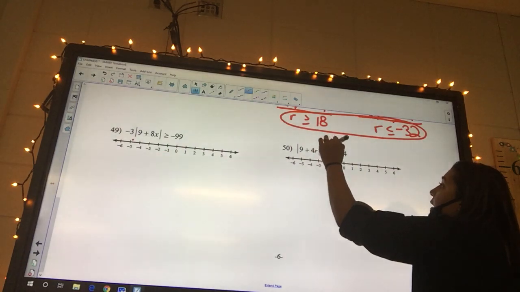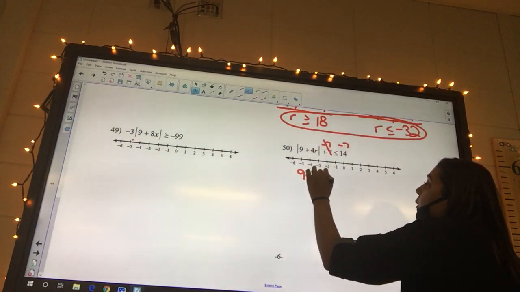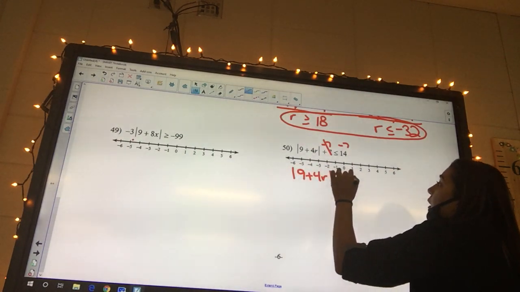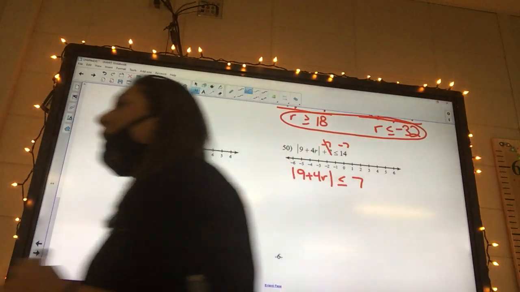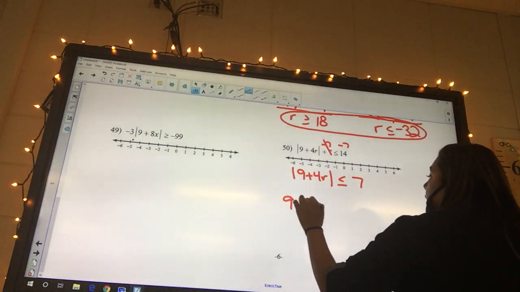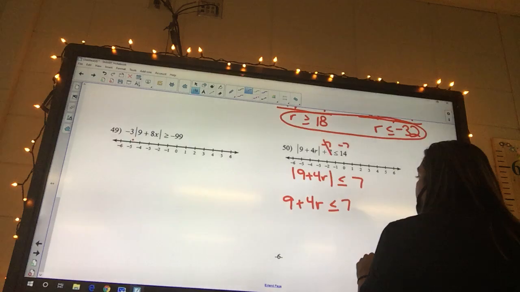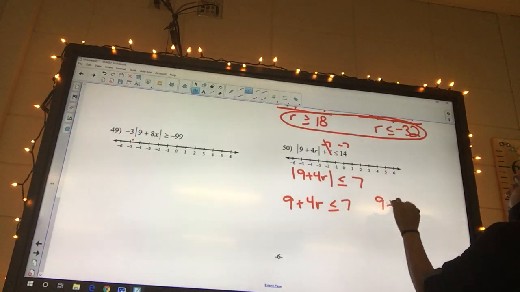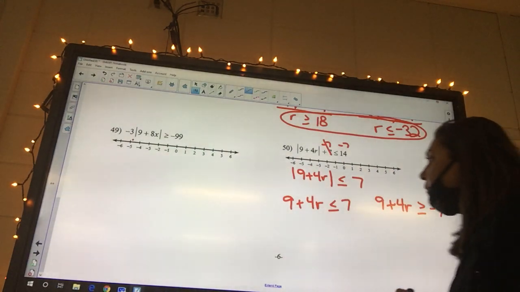So where you say minus 7, so 9 plus 4r is less than or equal to 7. Is our absolute value all by itself? Yeah, so now what can you do? Write it twice. So we can write one with a 7. What should the other one be? Yeah, and it's got to be flipped too.